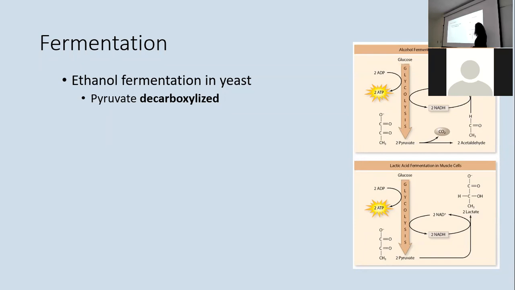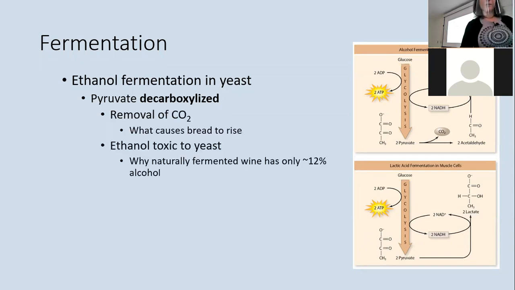So that NADH drops its electrons off, goes back to glycolysis. And so this is what produces ethanol. This is how you produce alcohol with fermentation. And this production of CO2, when pyruvate gets decarboxylated and releases CO2 gas, this is what makes bread rise, this release of this gas.